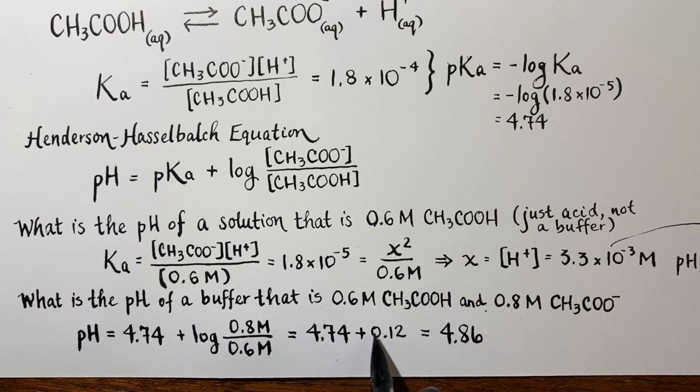And so you would end up subtracting something and get a value that's less than 4.74. So just something to keep in mind there. But here is our pH of this buffer that we made here.